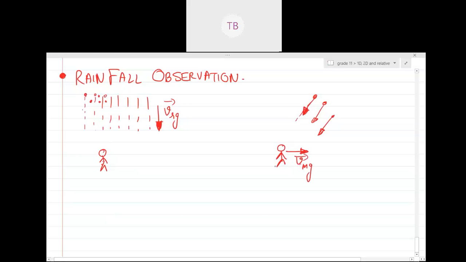When this man starts running, he observes that this is basically the velocity of rain with respect to man. Yes or no, guys? So basically this is the observation of a man who is running, right?